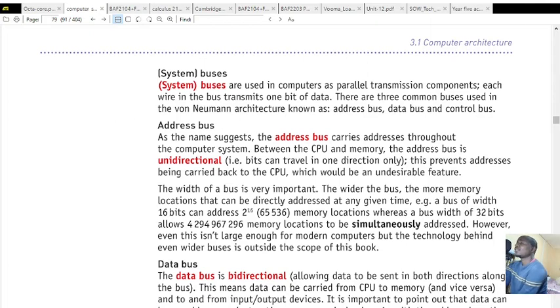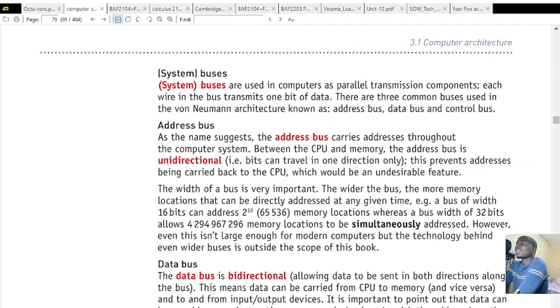These are parallel wires which transmit data in the form of bits. There are three common buses, and these were the buses suggested by John von Neumann in his architecture: the address bus, the data bus, and the control bus.